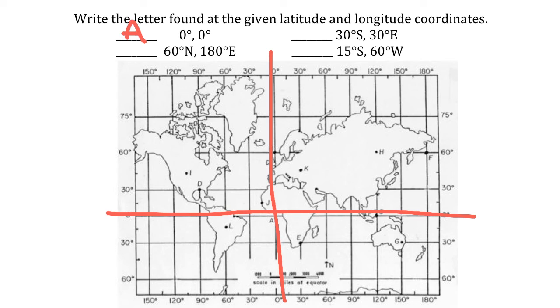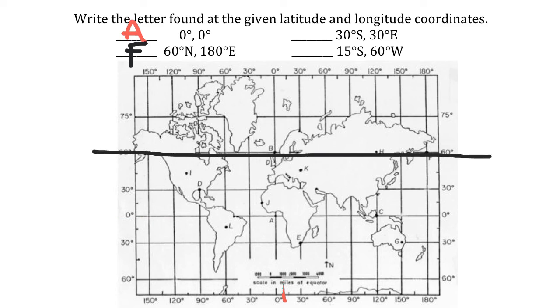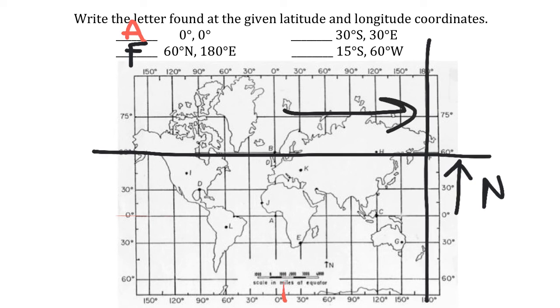Choose your answer and then click Continue to see if you're correct. So it should be point F, 60 degrees north. Remember, we are north of the equator. And the east line is this line here, which is east of the prime meridian.